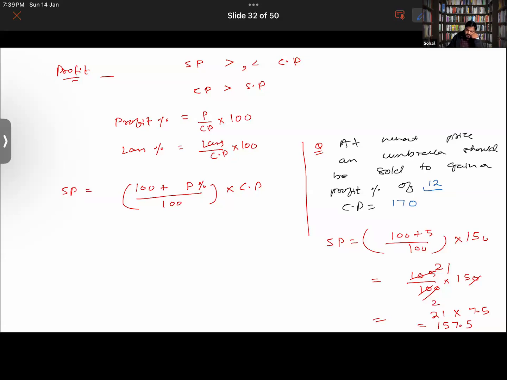So it's 190.4. So 112 upon 100 times 170 is 190.4. Okay, so at this price, the given article should be sold. So this formula you already know. And then there's one more formula.